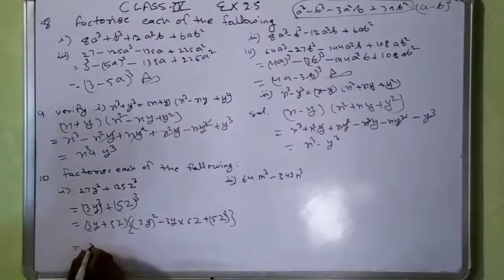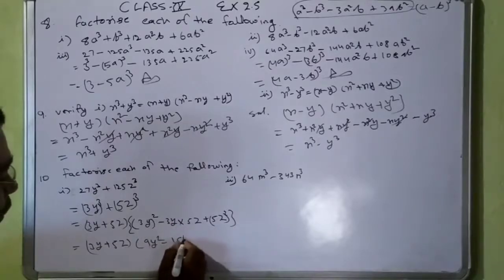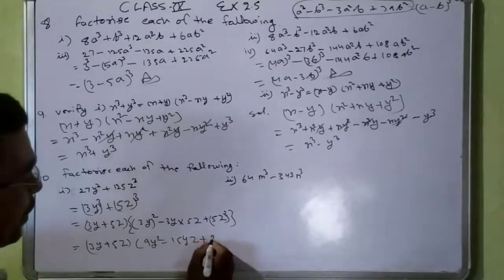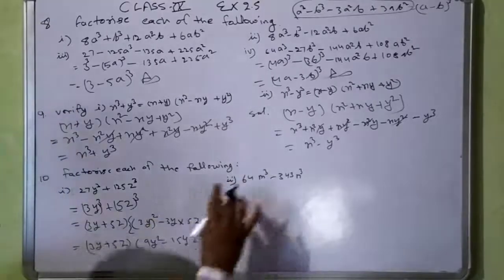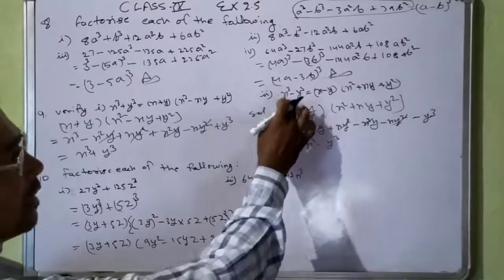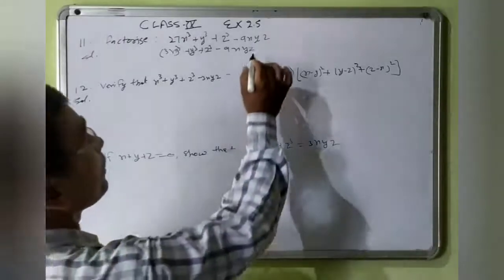And then 3y plus 5z, and then 9y square minus 5 3 is 15 yz plus 25z square. Similarly, you will do this one by this identity.